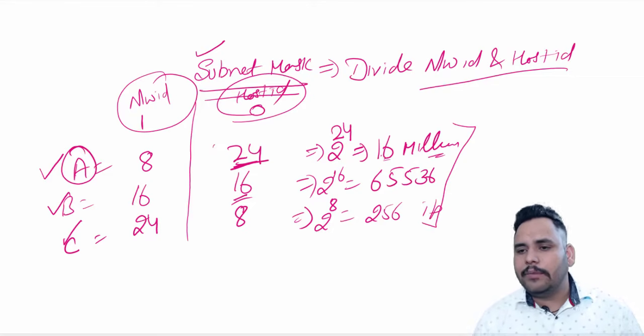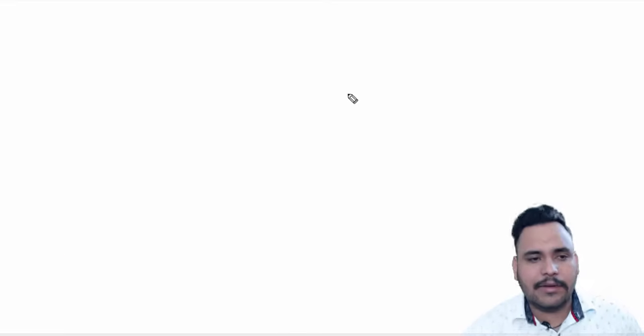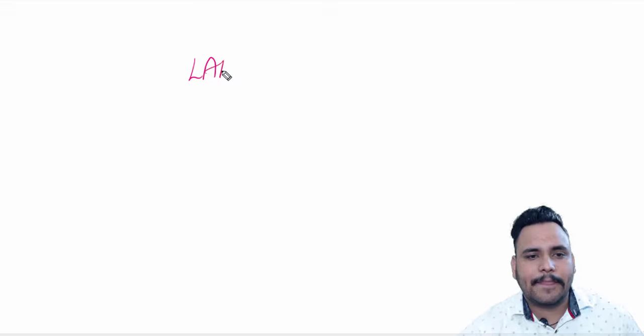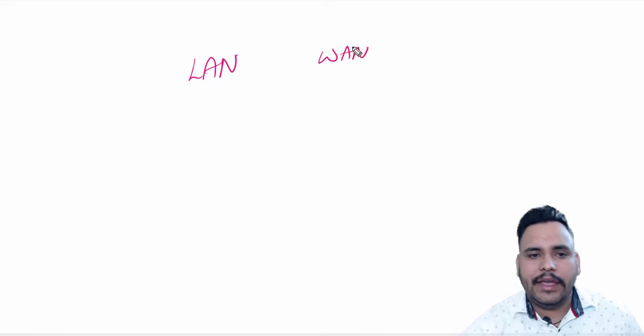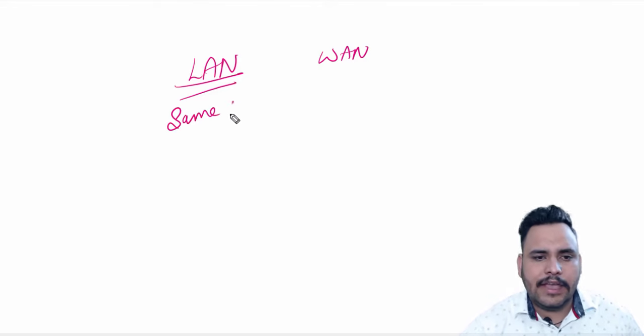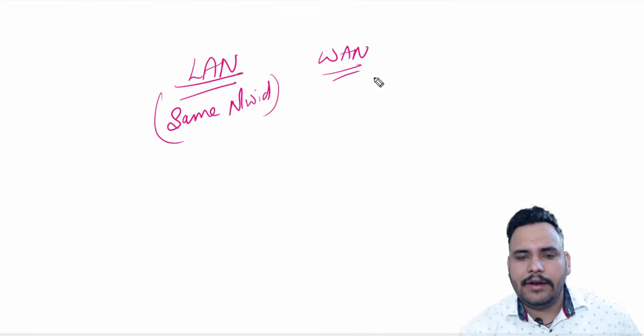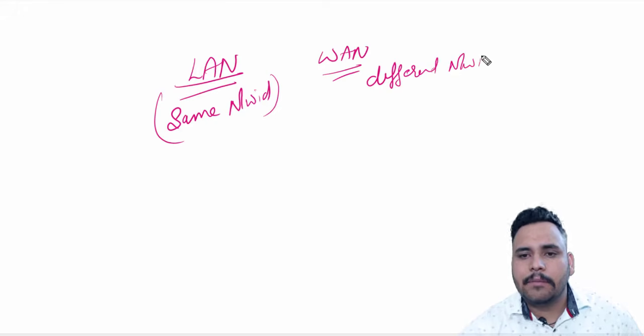Now come to the main point. We have discussed LAN and WAN in IP addressing. LAN means the same network ID, and WAN means different network ID plus a router. Don't forget this.